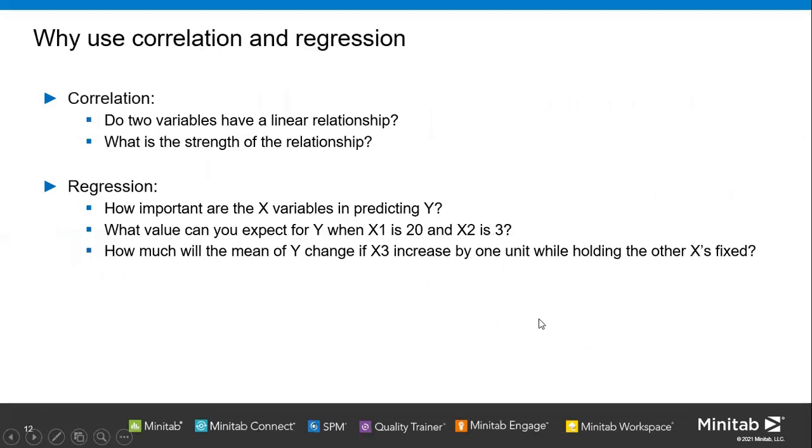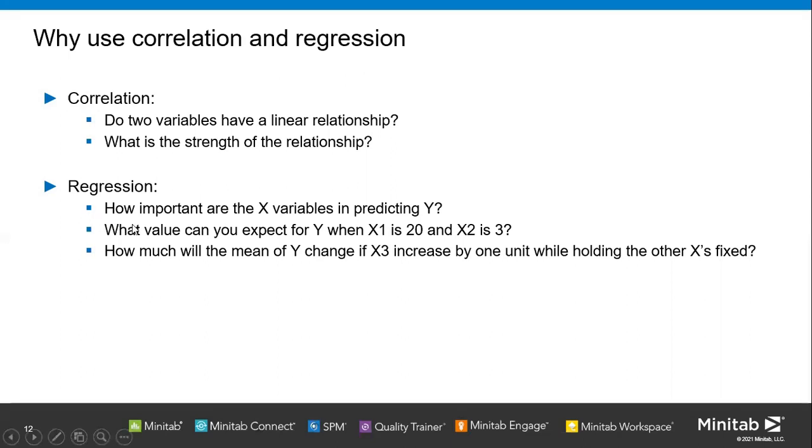Okay. So why do we use correlation and regression? For correlation, we want to know about the linearity of the relationship, whether it is positive linear or negative linear. And then we want to know about the strength of the relationship. Is it a low or high relationship between two variables? Okay. And then after that, we go for the regression.